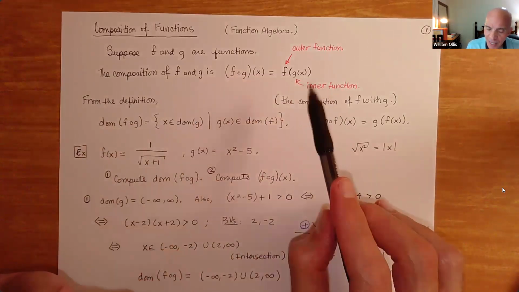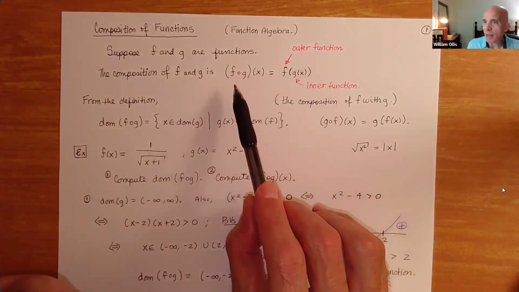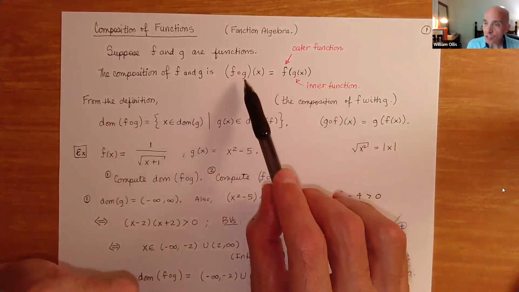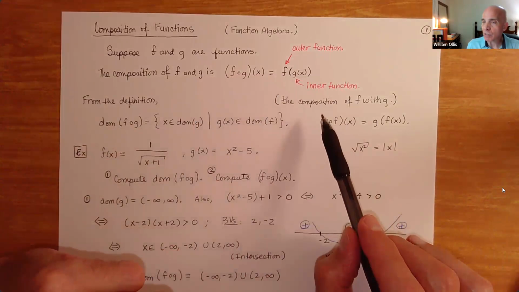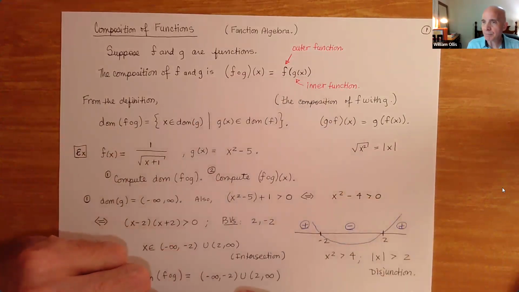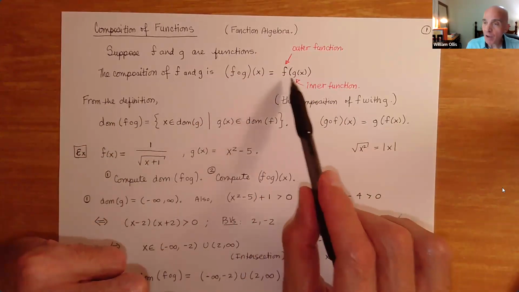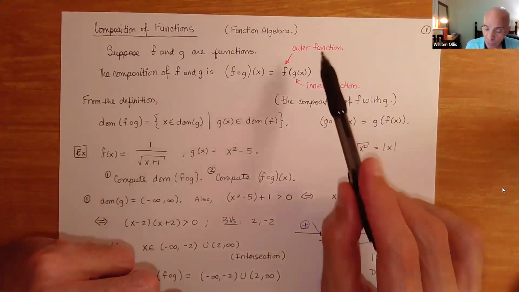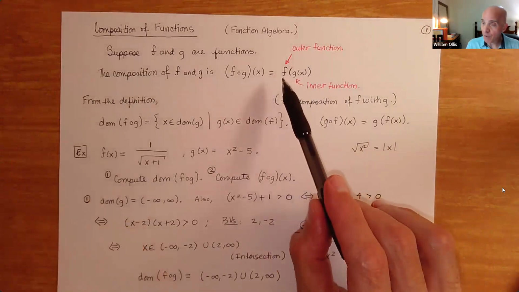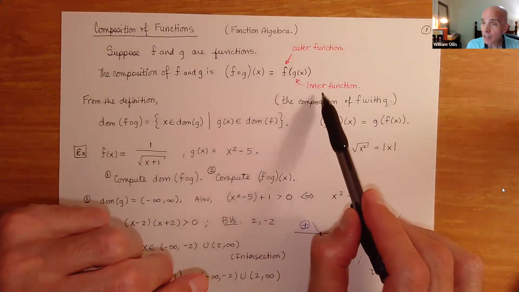The idea is that the outer function is the first function that we write, the function to the left. And the function to the right is called the inner function because what we do is we substitute g into f. Again, f composed with g is f of g of x. And as I've written in red here, we often call the left function the outer function, and we call the right function the inner function.